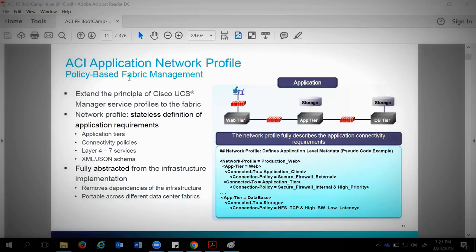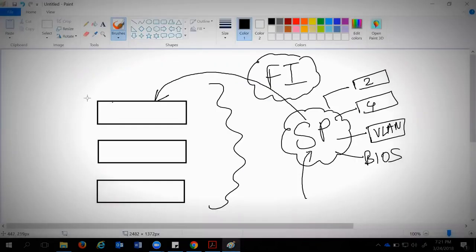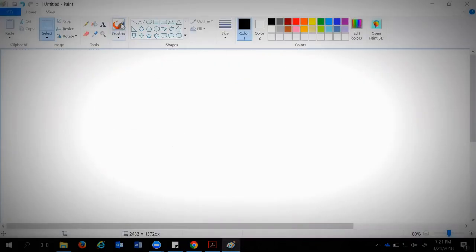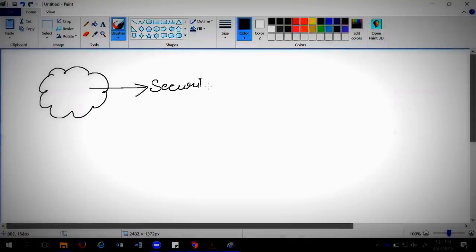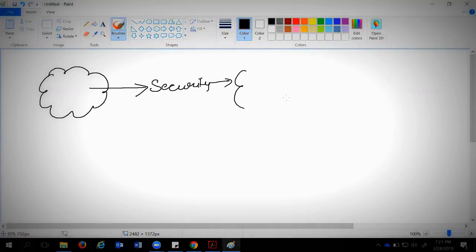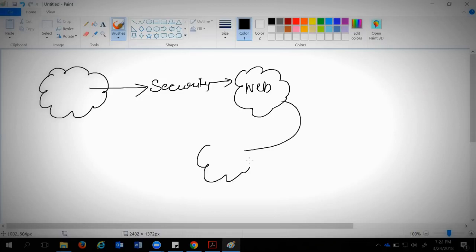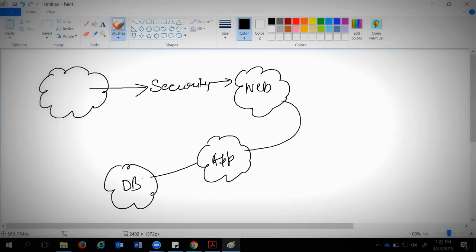We are trying to put together full packages as network profiles whenever we have to apply any kind of application. So the idea is that if I have to create all these setups, we would have outside networks coming inside to the data center, applying related security on it, then applying that as web EPG traffic, then how a web will talk to an app and an app will talk to a particular DB.